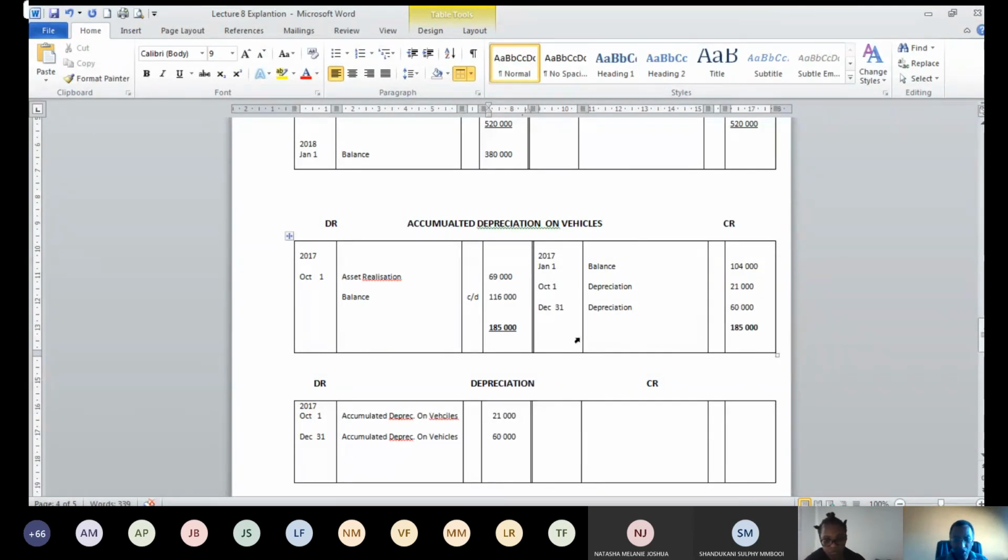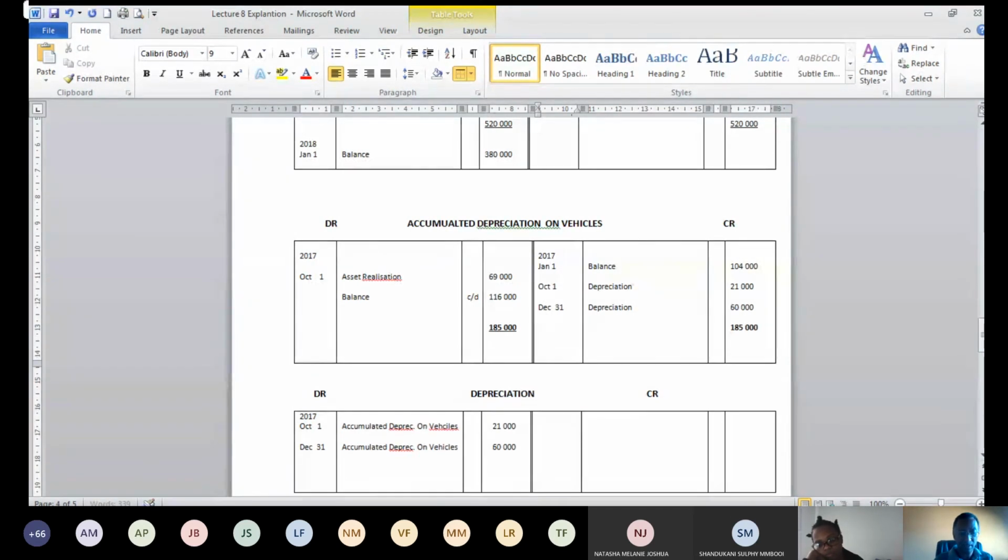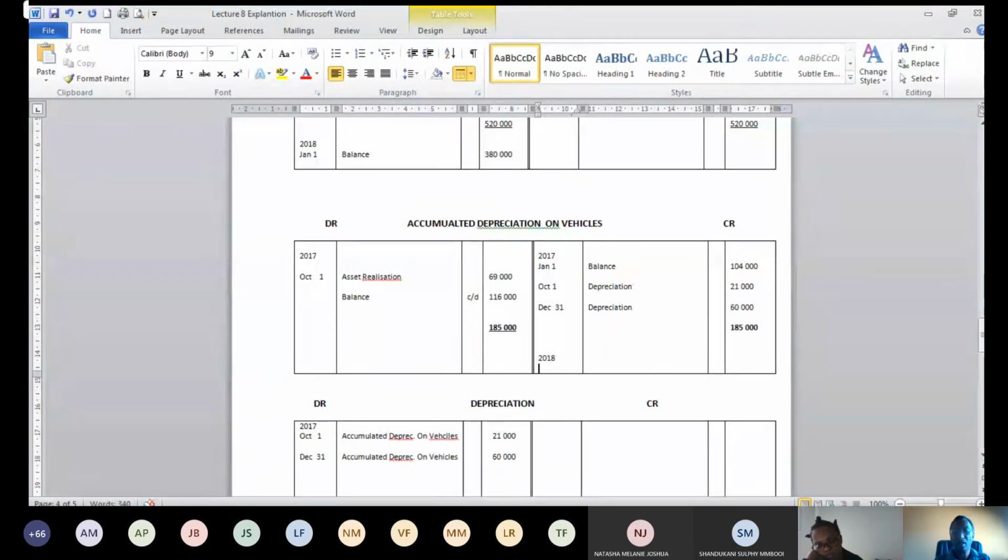So you will start the new year, 2018, the 1st of January, and your accumulated depreciation on vehicle account will start the year with a balance brought down.